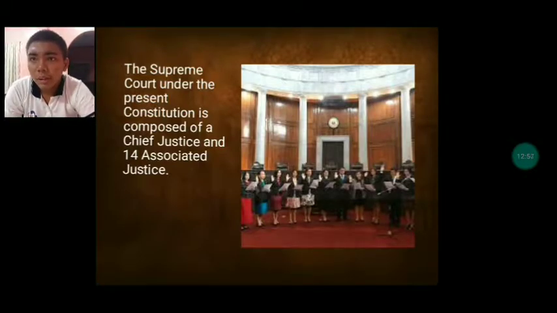Yes, the Supreme Court under the present Constitution is composed of a Chief Justice and 14 associate justices, appointed by the President from a list prepared by the Judicial and Bar Council, with at least three nominees for every vacancy.